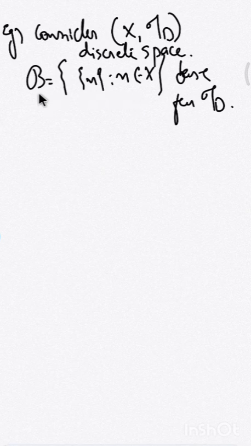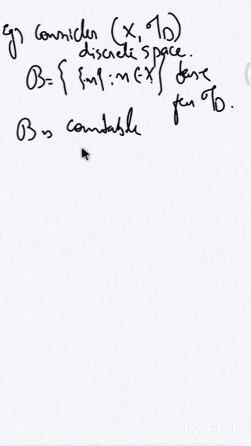What will happen if script B is countable? Script B varies with respect to the elements in capital X. So, we can see that the countability of script B is based on the countability of X, the cardinality of X. Therefore, B is countable only if X is countable.